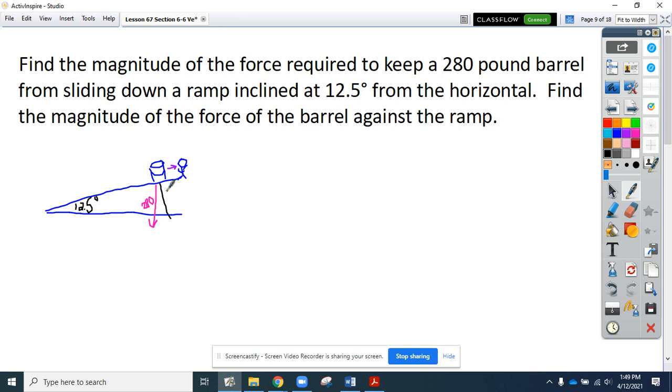So that vector is the weight of the barrel against the ramp. So we're going to need to start labeling these. I'm going to call that R for ramp, and I'm going to define my variables up here. So R is going to be the weight or the force of the barrel against the ramp.